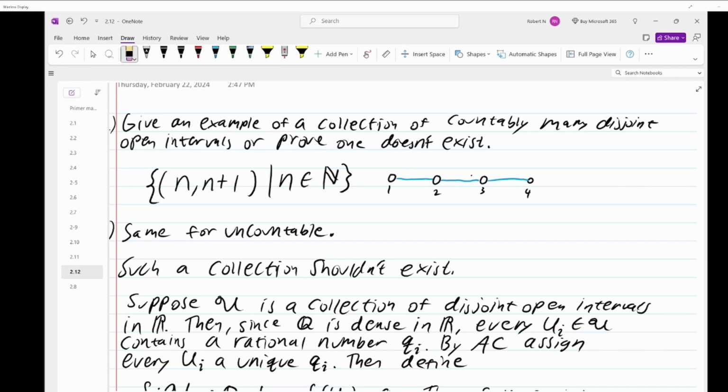So every U_i in the collection script U contains a rational number q_i. By the axiom of choice, we can assign every U_i a unique q_i.